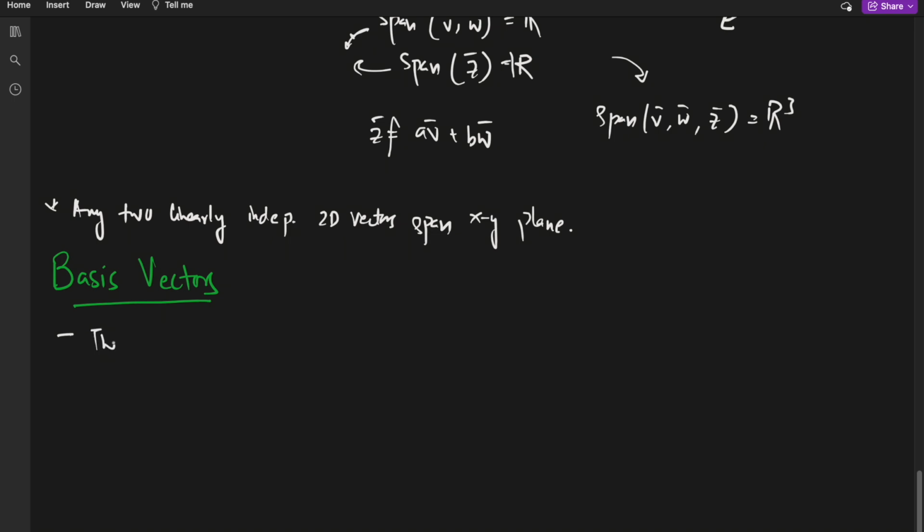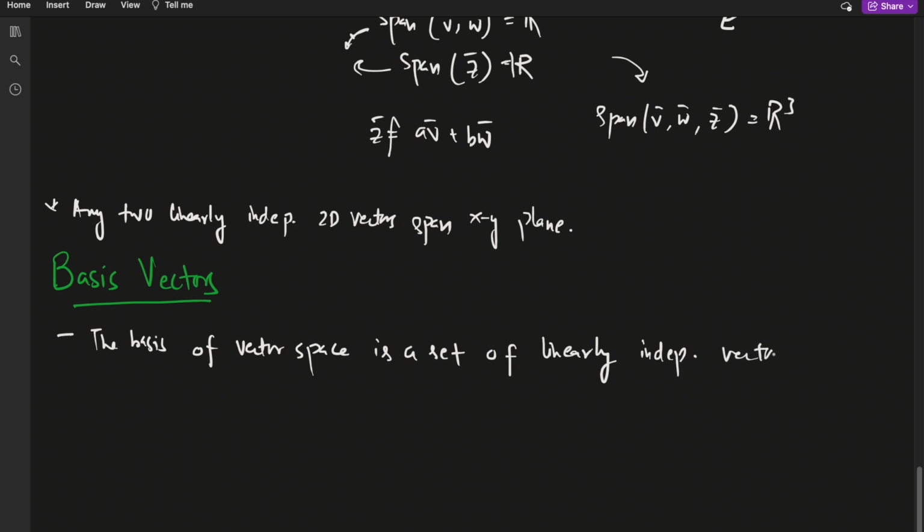So the basis of a vector space is a set of linearly independent vectors that span the full space, right?